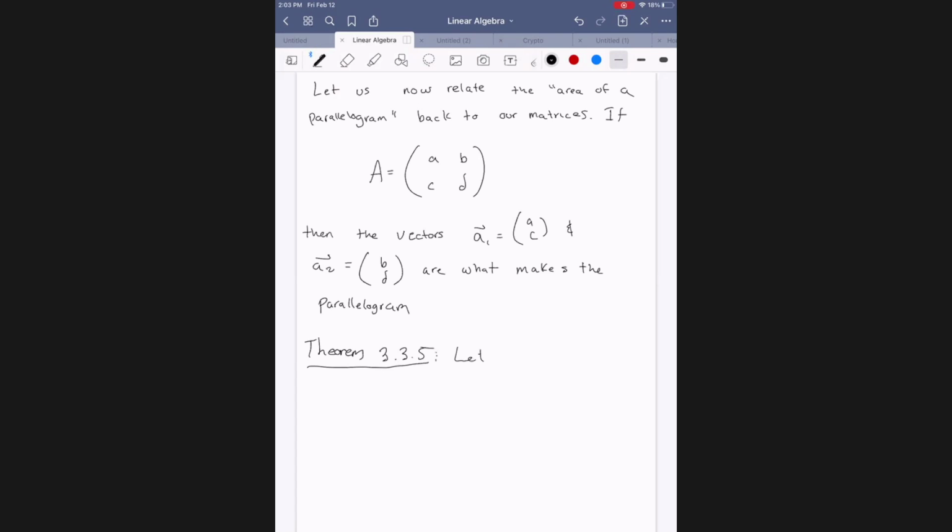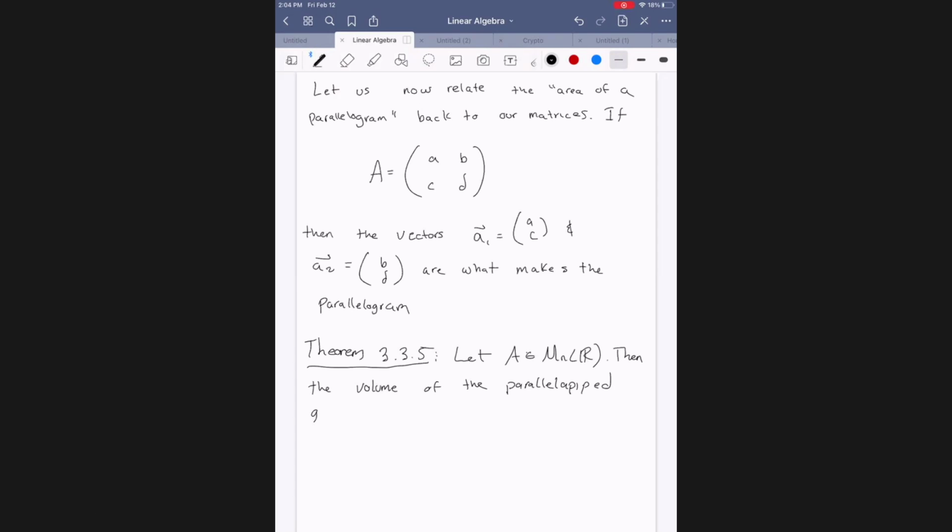So let A be an n by n matrix with real entries. Then the volume of the parallelepiped, meaning the parallelogram in 2 dimensions, a parallelepiped in higher dimensions, and then area other than we call them this, right?